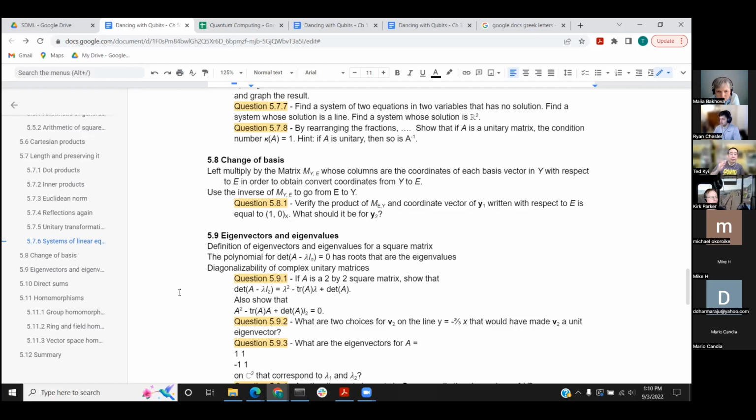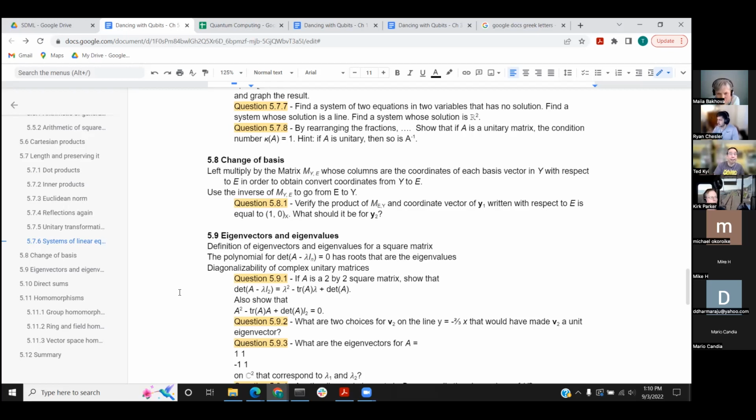And then that is the matrix that will convert from that basis into our standard basis E. And if you invert that matrix, then you can convert from E to that basis.